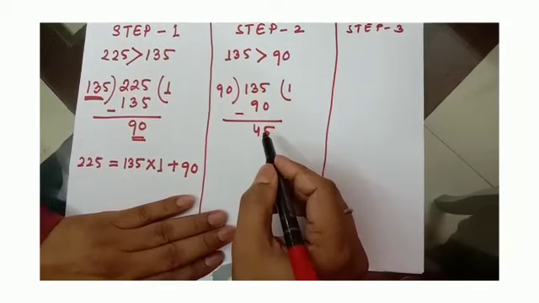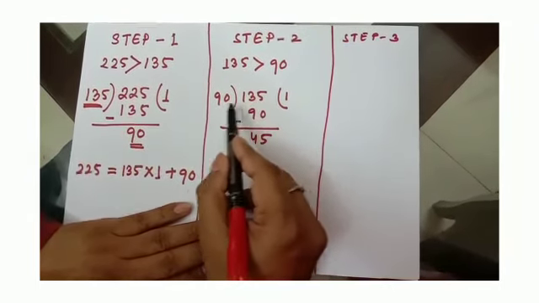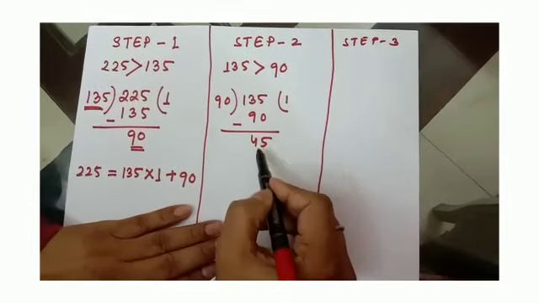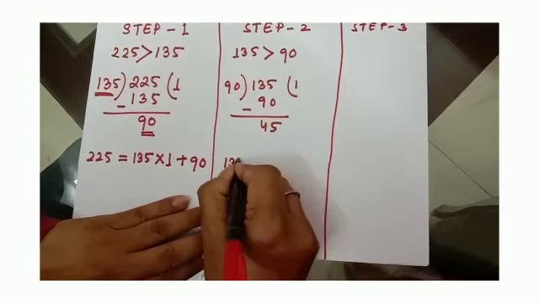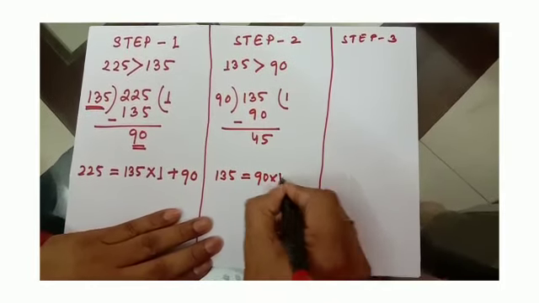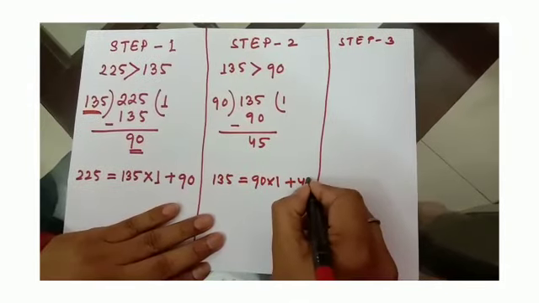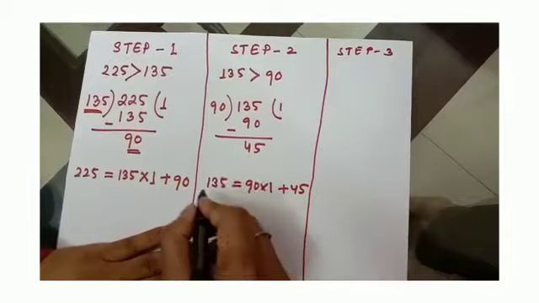And according to the remainder theorem, dividend is equal to divisor into quotient plus remainder. So write it. So your second step is completed here.